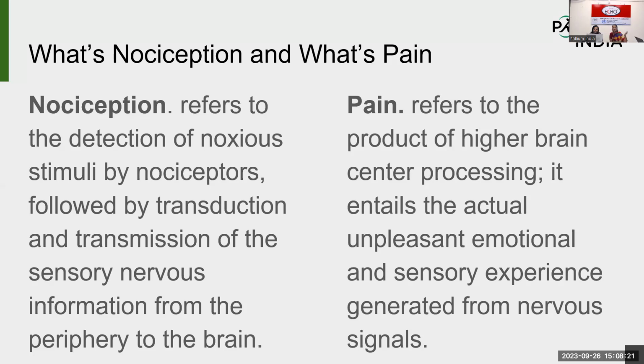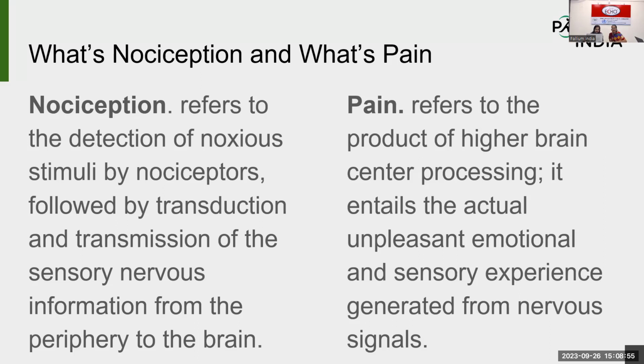See, nociception, as is given here clearly, is just the detection of the stimulus followed by transduction, as we saw in this pathway, to the central nervous system and then return from the brain to the periphery. So that is nociception. Whereas on the other side, what is pain? It refers to the product of higher centers processing it, and that is what adds the unpleasant emotional element generated in the nervous system.